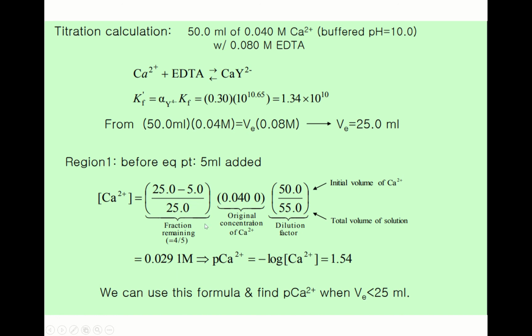The textbook way is a little different from my way, but my way is this. First, the original calcium ion moles are calculated: 50 times 0.04, minus the added EDTA moles, which is 5 milliliters multiplied by 0.08, and then divide by the total volume, which is 50 plus 5.